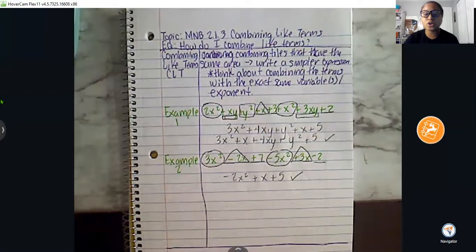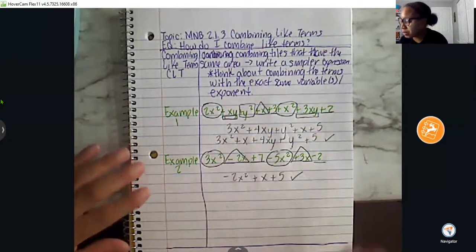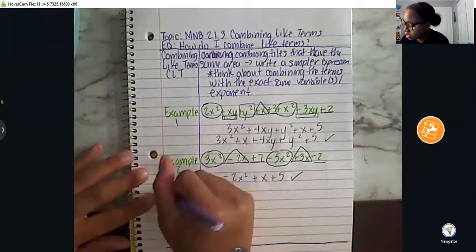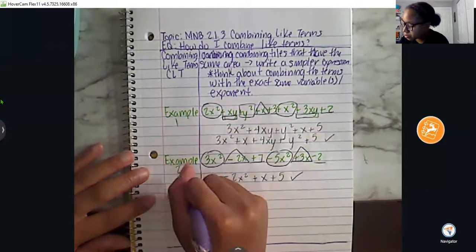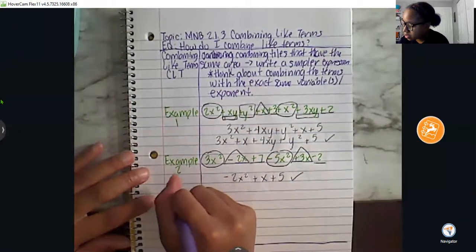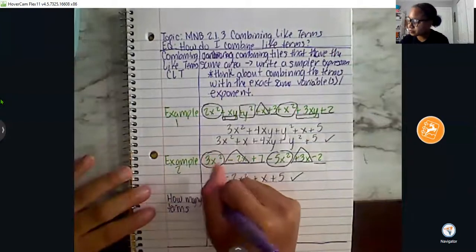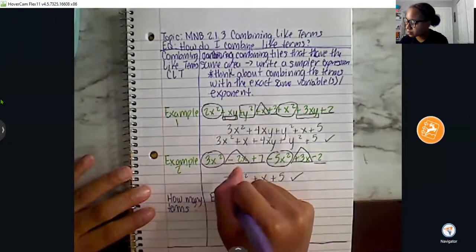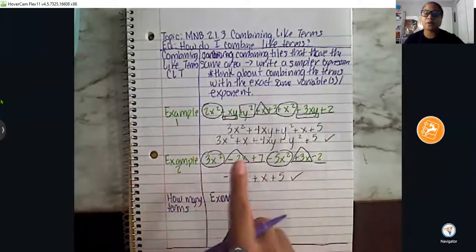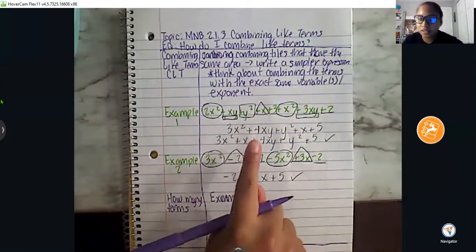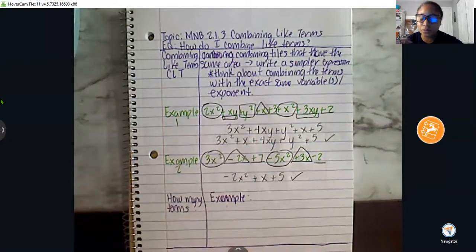So you learned about terms in last week's Math Notes box on lesson 2.1.2. So now we are going to look at how many terms are in each. So in example 1, let's think about how many terms were in example 1. Remember, terms are numbers and variables that are separated by an addition symbol or a subtraction symbol.